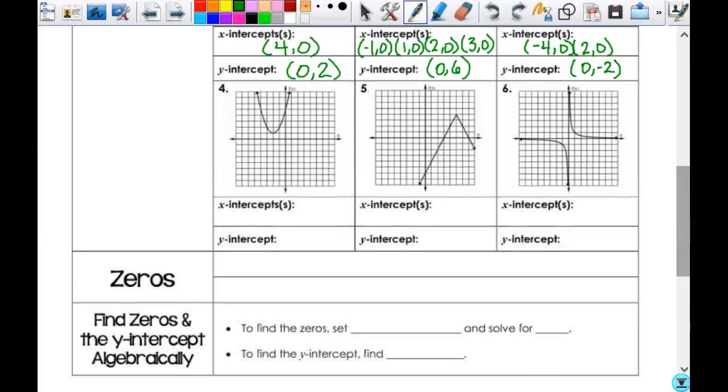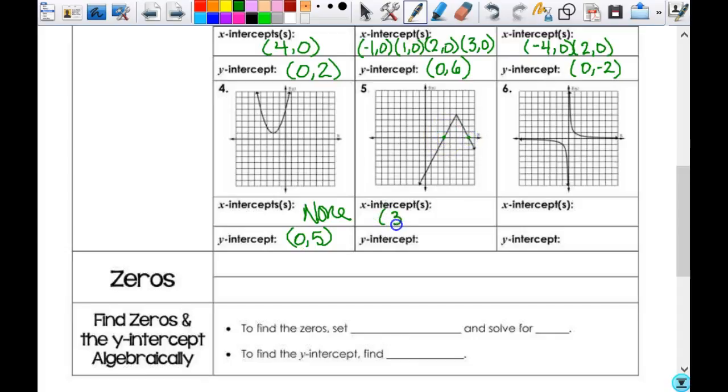We'll move on. All right, x-intercepts. None. So my answer is none. Y-intercept. There's one of them, and it is at 0, 5. How many x-intercepts in number 5? 2.